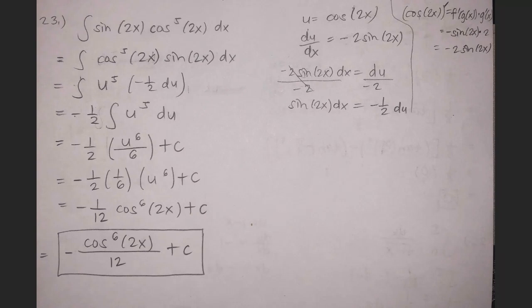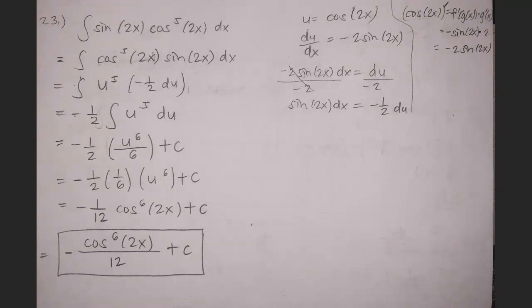So for this question, we are asked to evaluate the integral. I used u substitution to solve this question. So first, I let u equal cosine 2x, and then du over dx, which is the derivative of u, using the chain rule, which I did on the right, and found that to be negative 2 sine 2x.